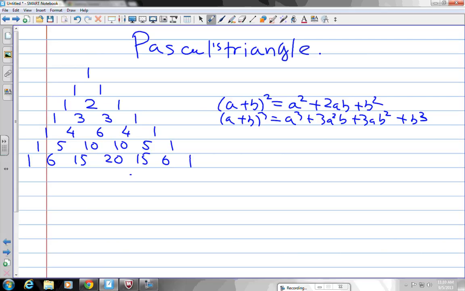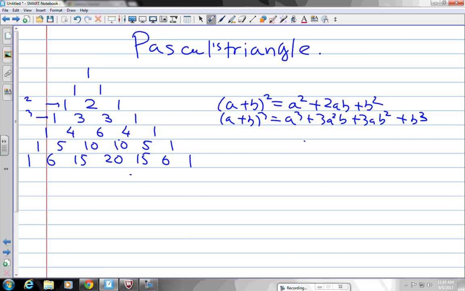What's in front of a squared? 1, 2, 1. What are the coefficients in the cube formula? We have a line that has 1, 2, 1, and we have a line that has 1, 3, 3, 1. Right? So this line would be the squaring, so the power 2.